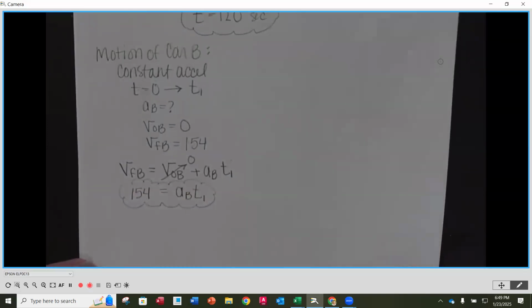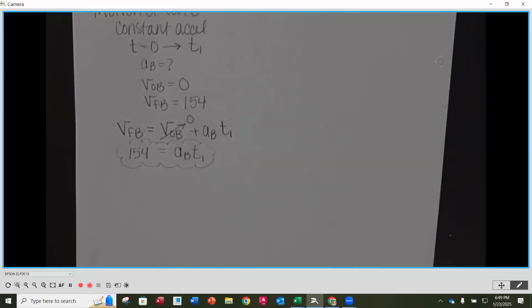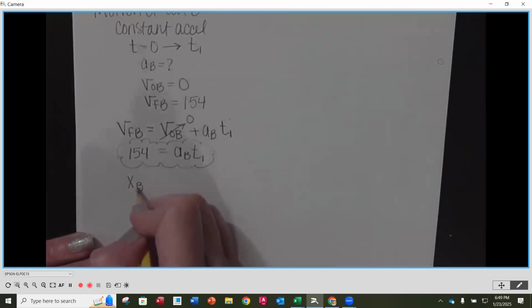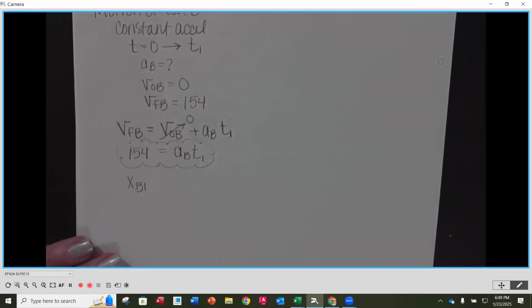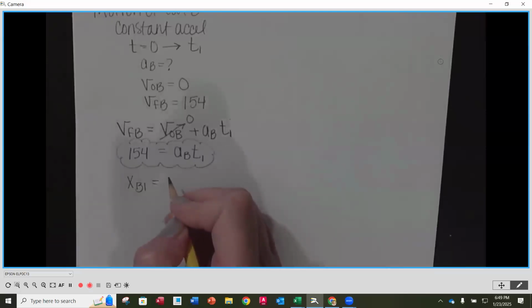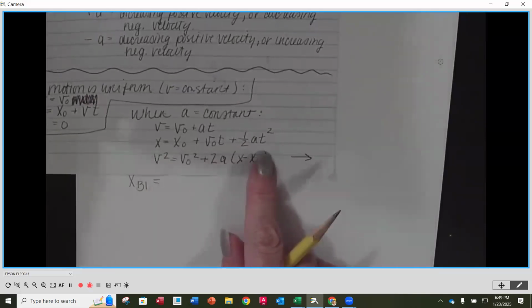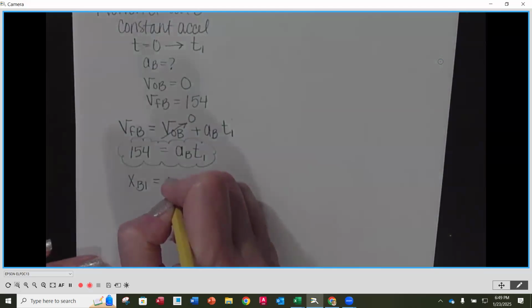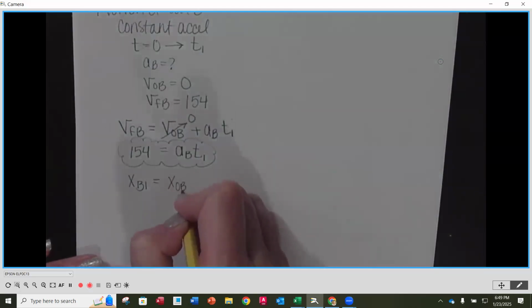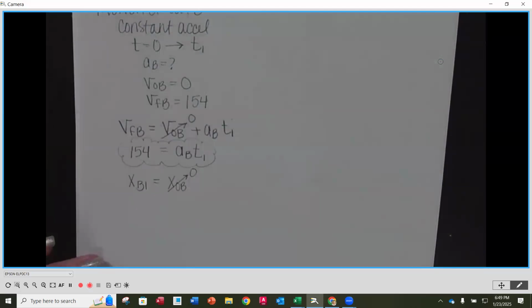During the same phase, we want to know how far we went during that constant acceleration to time 1, okay? So we're going to say X B1 or X1. I just have the B in there because the car is car B. It's going to be equal to, now again, this is constant acceleration. So if we look at our equation sheet, it's this equation right here, the second one. It's going to be the X original of B, which happens to be 0 because we're starting at that origin on the left-hand side.